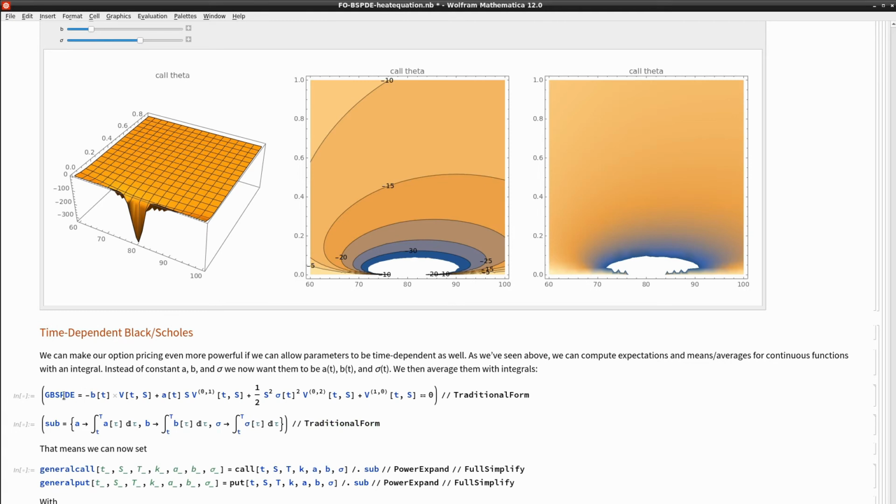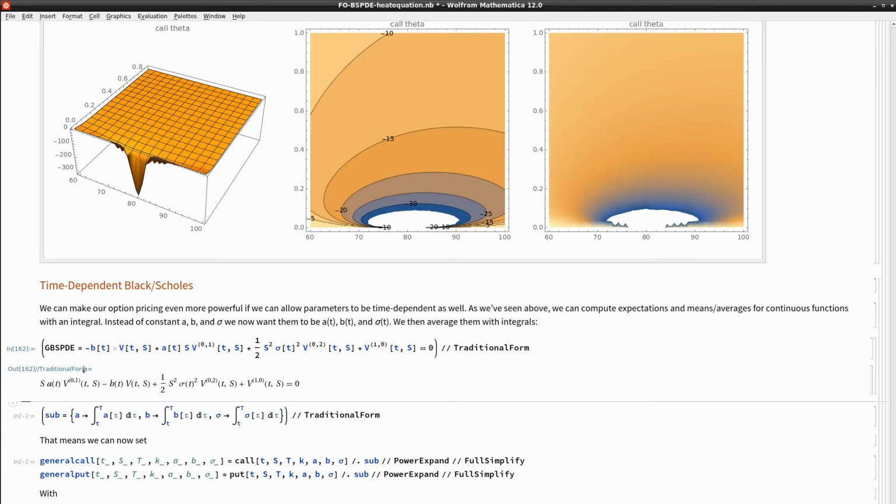So I call it the generalized Black-Scholes PDE. I call it BSPDE. And here note that we have them as time-dependent functions. My sigma is a function of time. My a is a function of time. There's a b, a function of time.